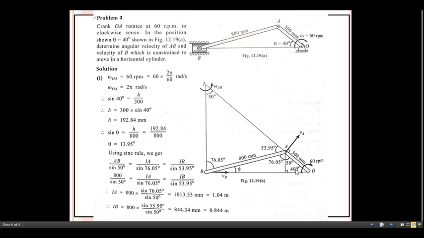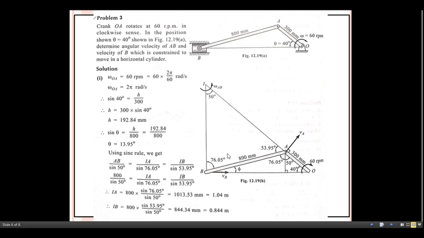For that, this angle is 40 degrees and this one is 50 degrees. From geometry you can easily get the value by using the trigonometric function. So sine of 40 equals h divided by 300. By doing the calculation we get h equals 192.84.